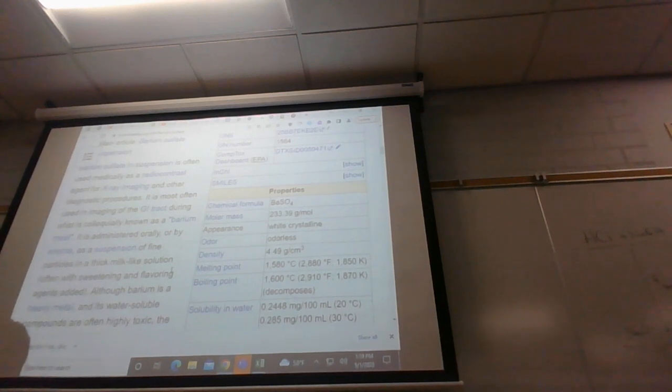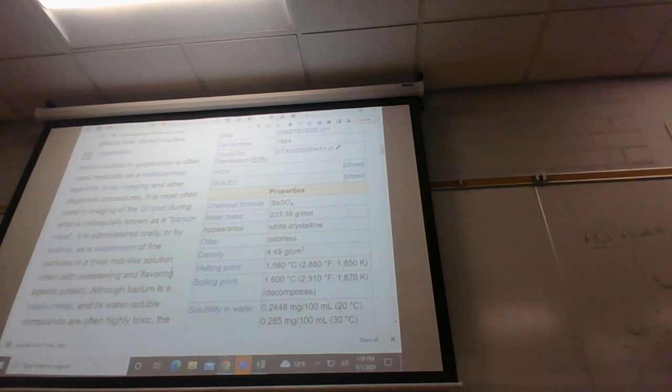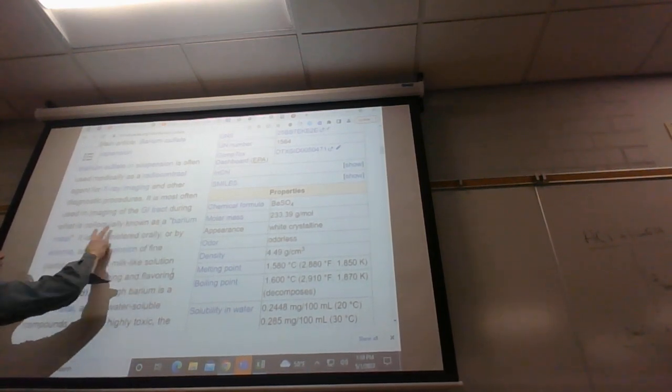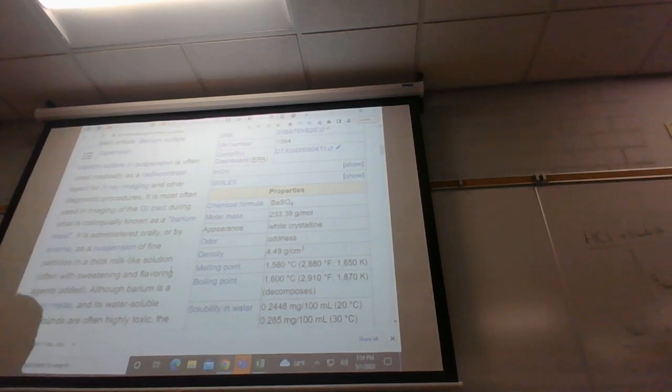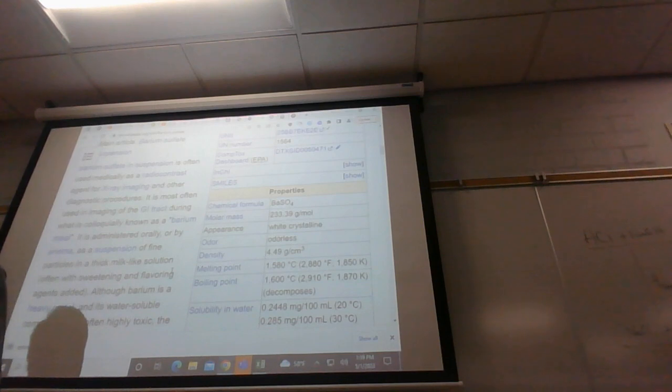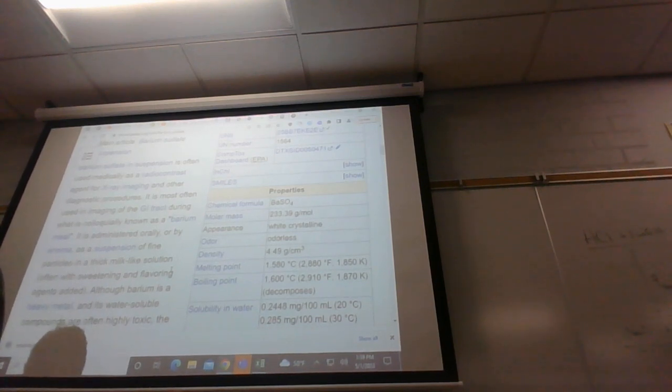But when I went for a CAT scan for my GI tract, they gave me a barium meal, which is just a pasty liquid. It just tasted like a chalky liquid of barium sulfate.